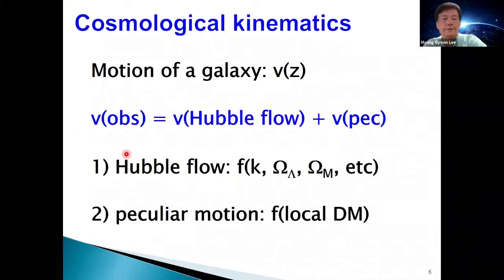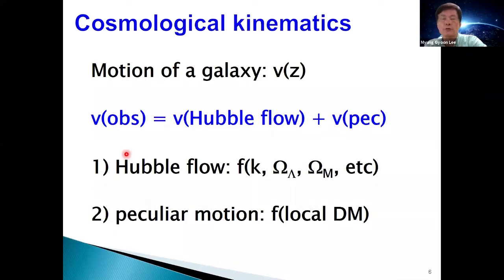Cosmological kinematics is described by the motion of a galaxy, but the motion or the velocity of a galaxy measured is actually composed of two components. One is due to the Hubble flow, and the other one is peculiar motion.